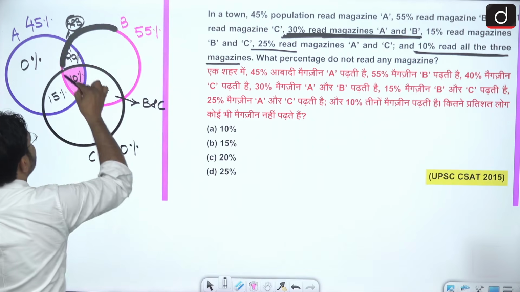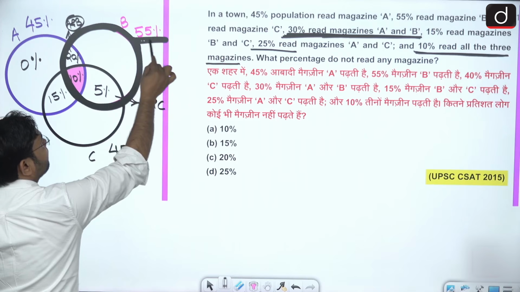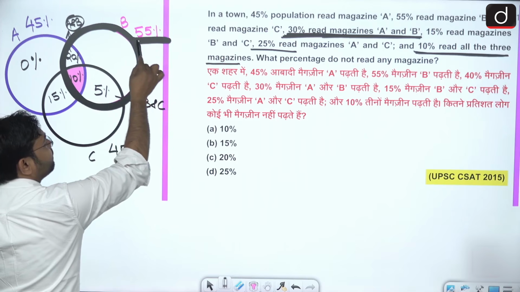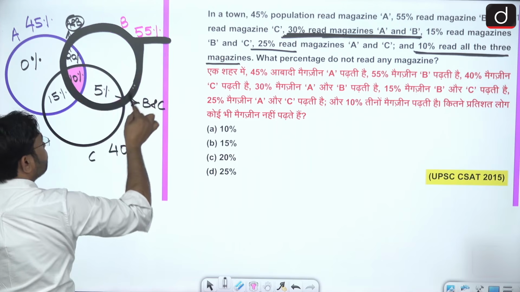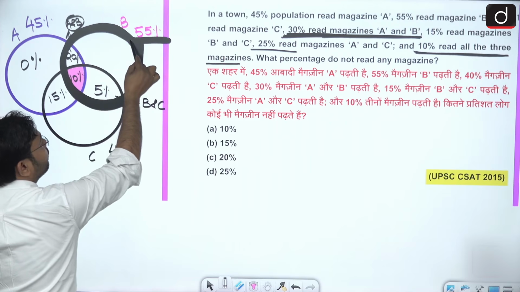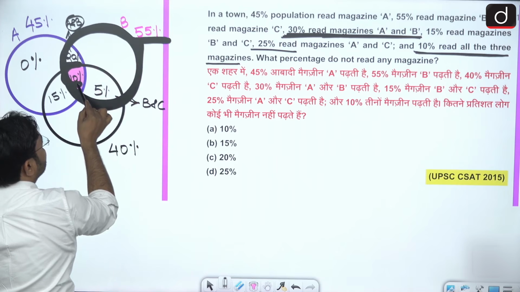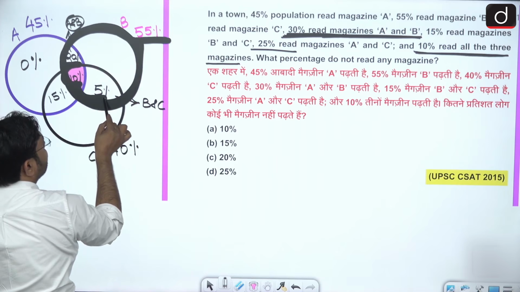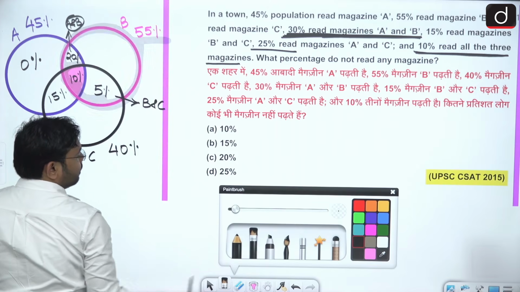Now this circle is representing magazine B, and magazine B is read by 55% of the people. So the sum of this circle should be 55. Now 20 plus 10, 30 plus 5, 35, subtract 35 from 55, 20.